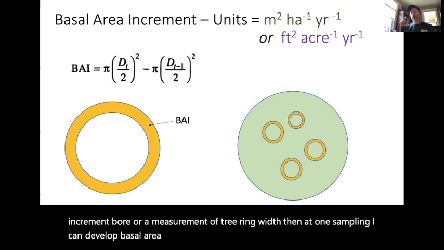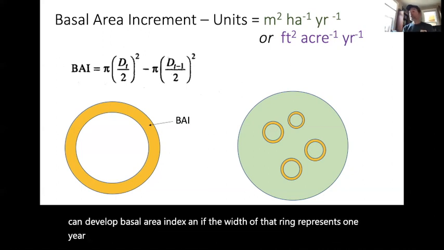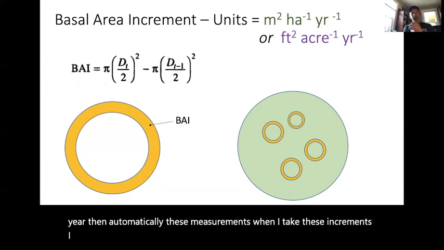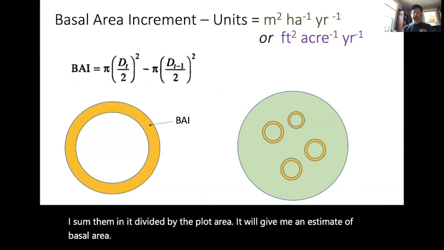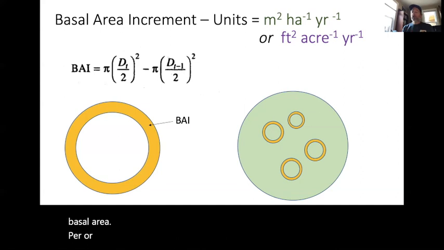And if the width of that ring represents 1 year, then automatically these measurements, when I take these increments, sum them and divide by the plot area, will give me an estimate of basal area per acre or per unit land surface per time or per year.